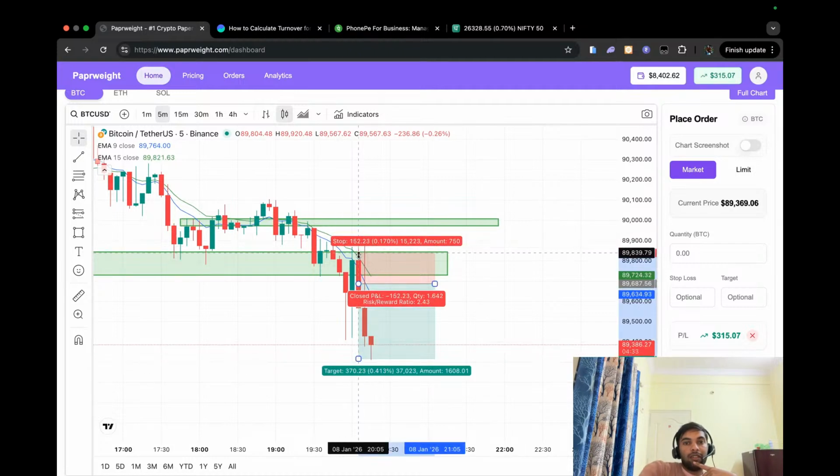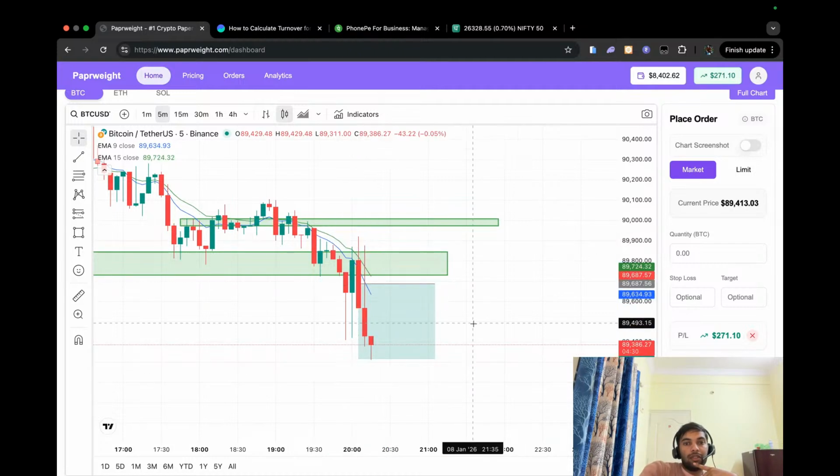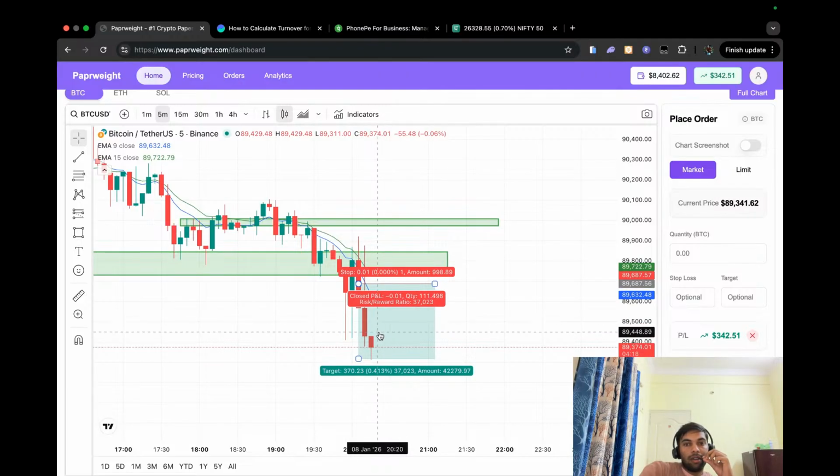In this trade we will not take any losses. We will for sure cut cost to cost or at a $150 loss. That's it. But our target got hit. So what is our risk reward ratio here?